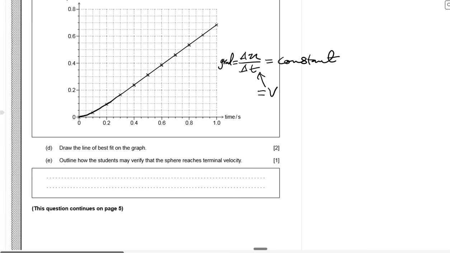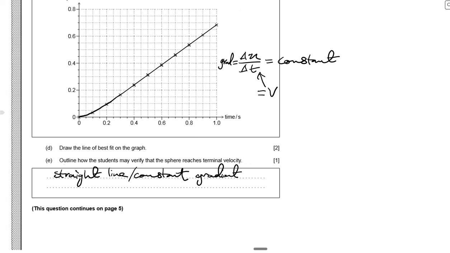And so a straight line, or constant gradient, after, what does it say? After t equals 0.5 seconds, when it reaches terminal velocity. And that should give you that 1 mark.